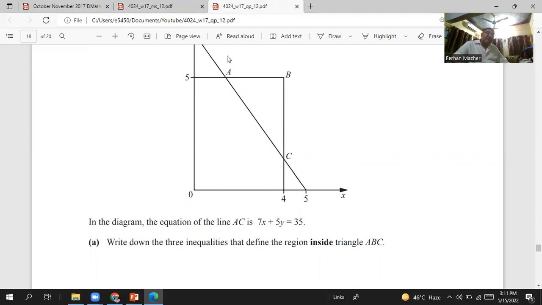And in this line equation, AC equation, because the area of this triangle is above this line, the crocodile mouth will be towards the y. So you will have 7x plus 5y, but when you write the inequality, you put a crocodile's mouth, and the crocodile mouth will be towards the y. So you will have 7x plus 5y greater than 35.